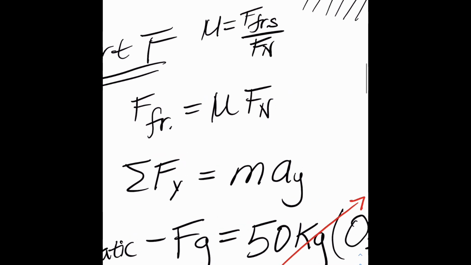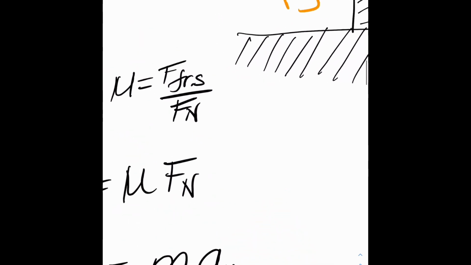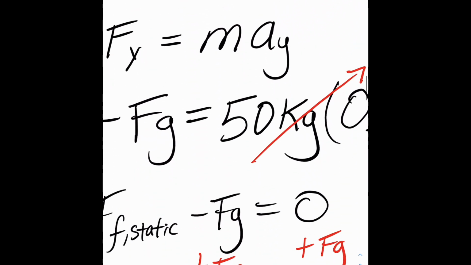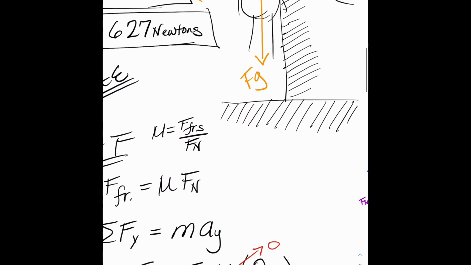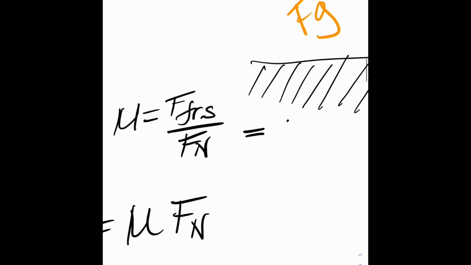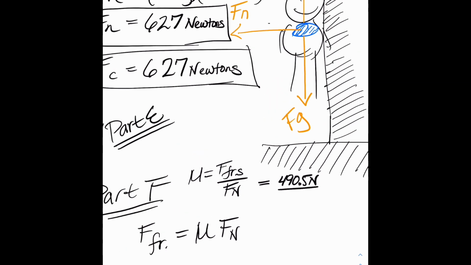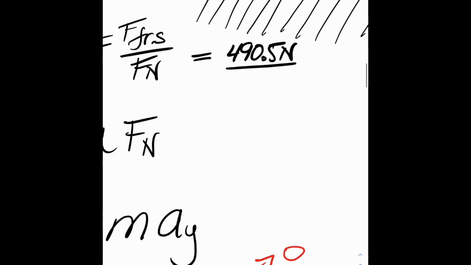And do I have enough room here? I think I have enough room to write this right here. All right, so force friction static we said was 490.5. Hopefully you can see this just fine. And force normal we said was force centripetal, which is our 627 newtons.